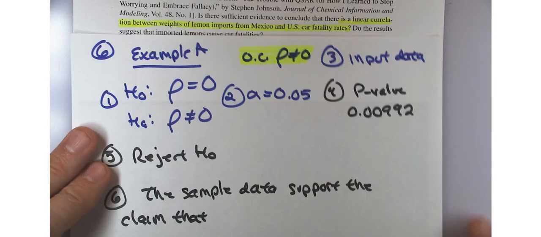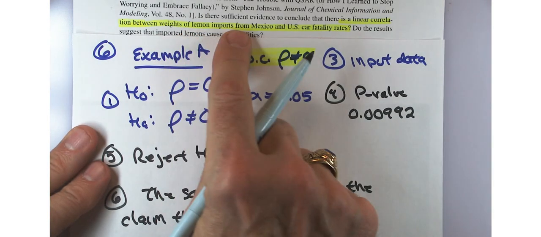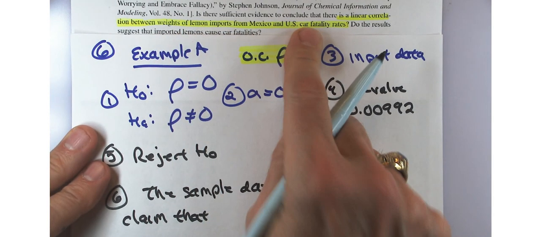There is a linear correlation between the weights of lemon imports from Mexico and U.S. car fatality rates.